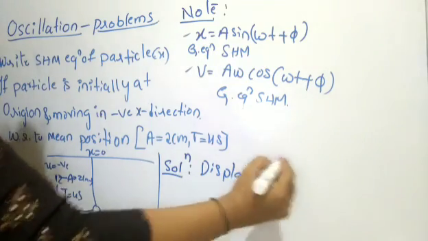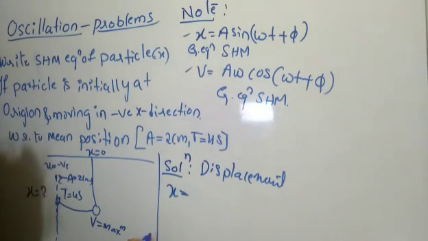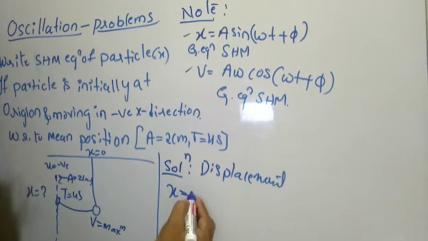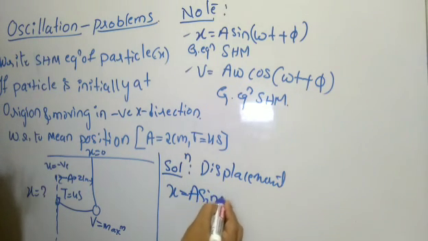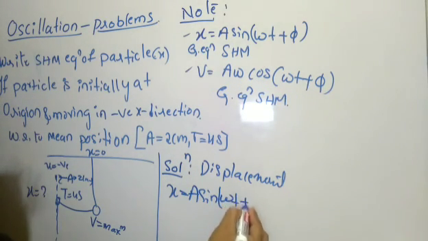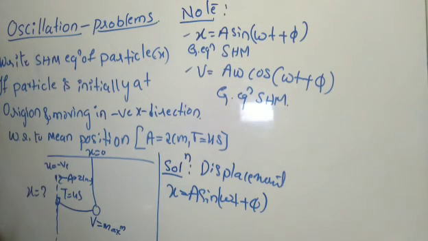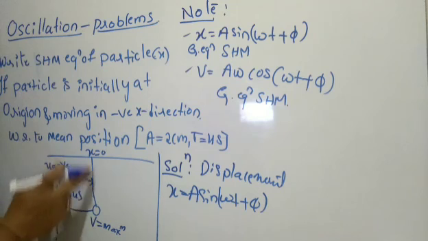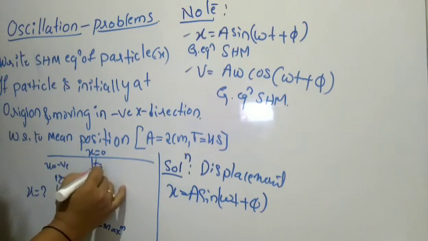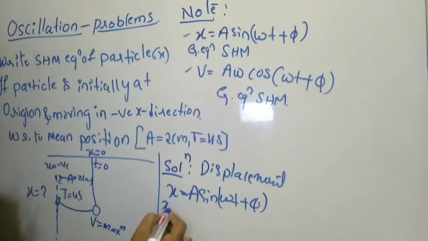Generally we have x equals a sin(omega t plus phi). As the particle is at the mean position initially, that means x is equal to 0 at t equal to 0.